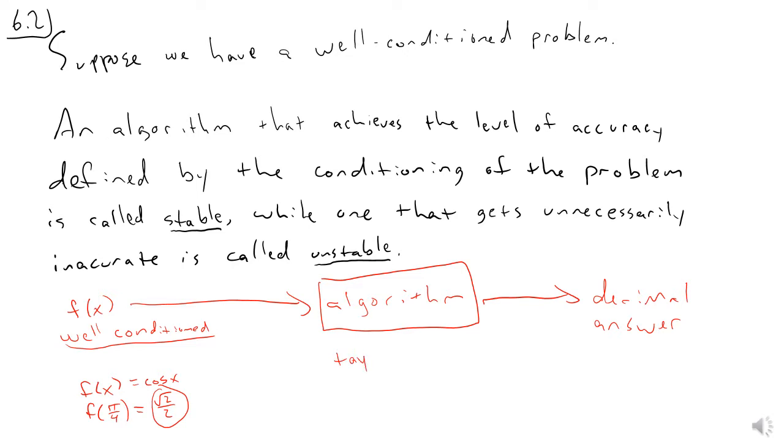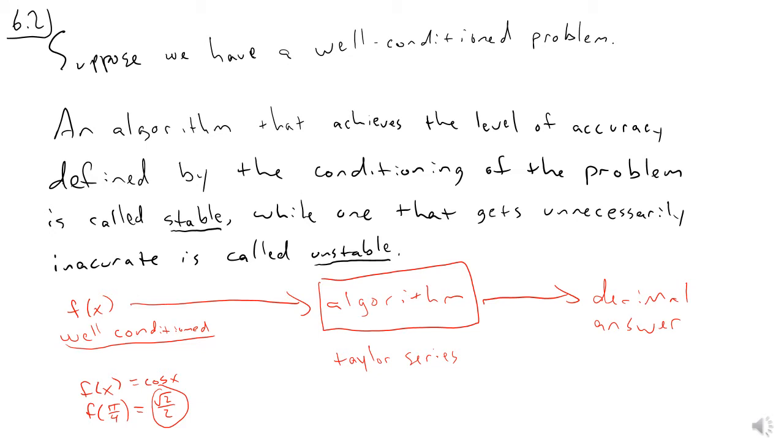So then we need to think about whether or not the Taylor series is a stable algorithm. Is it going to give us a good answer? One of the examples that we'll see in this section will show us that with the function e to the x, if we use the Taylor series to approximate e to the x, then there are some cases where we might run into issues.